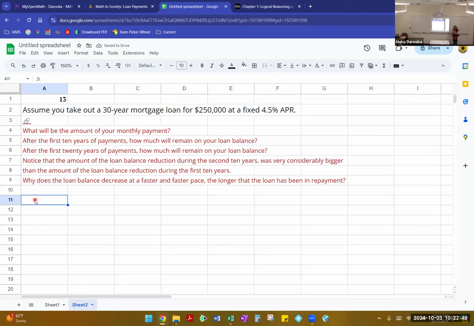Okay, so assume you take out a 30-year mortgage loan. So again, your time in years. And again, like I said, 30 is kind of the standard time. We are talking about a loan, so that's going to be your present value. And again, you can call it P or PV.